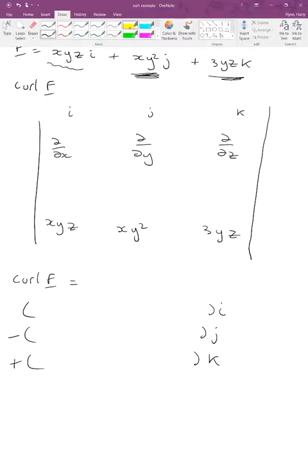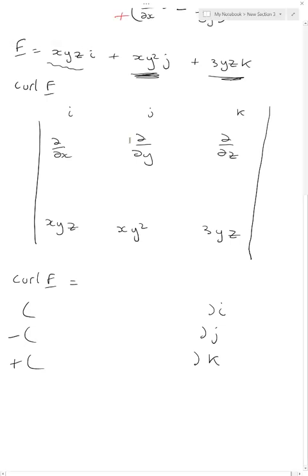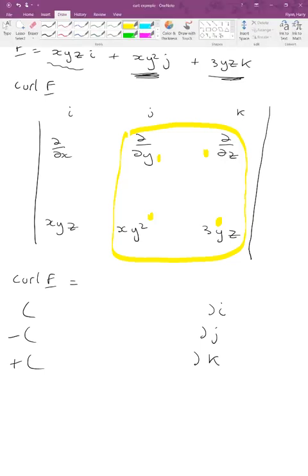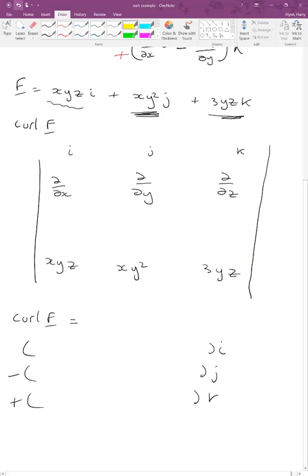If we cover up the i column, we would be left with this, and then we can do the 2 by 2 determinant on that. So it would be this times this minus this times this. Let's have a go at that.